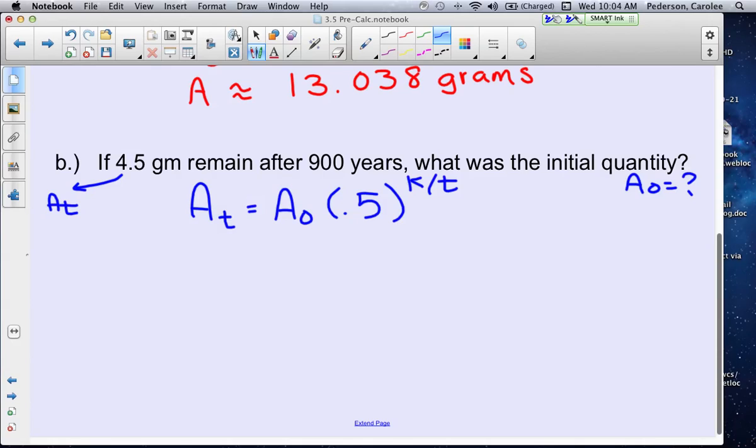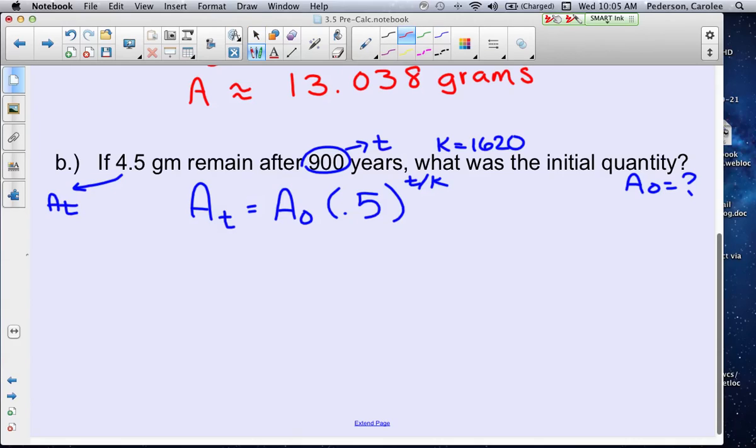Oh, T over K. What's our T? 900 years. And what's our K? 1620. It takes 1,620 years for it to decrease by half. So if my T was 1620, then I would be at half the amount. So now let's enter the pieces into that blue equation.